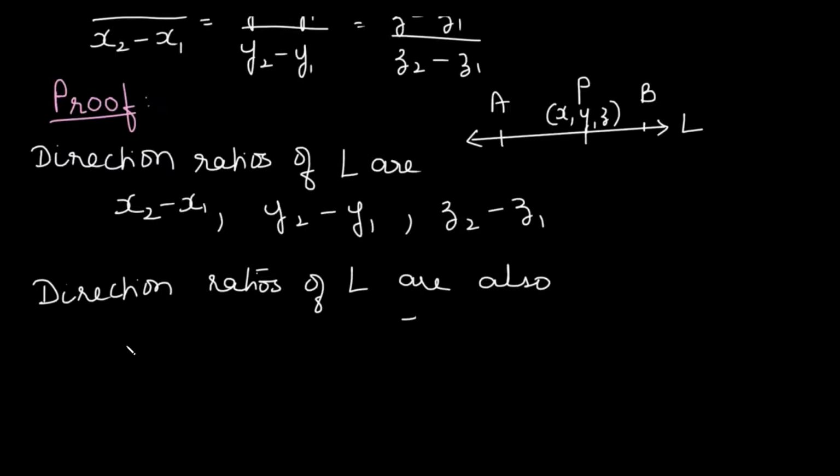So we can write this way: x minus x1, y minus y1 and z minus z1. So both of them are the direction ratios of line L.